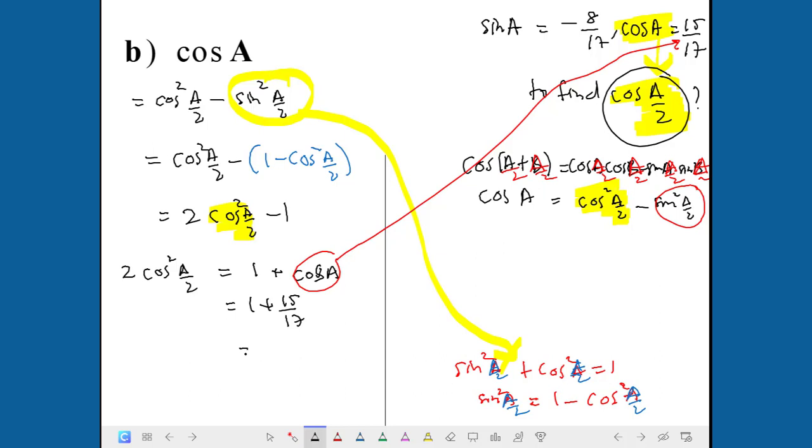Simplify: 17 plus 15, we get 32 over 17.